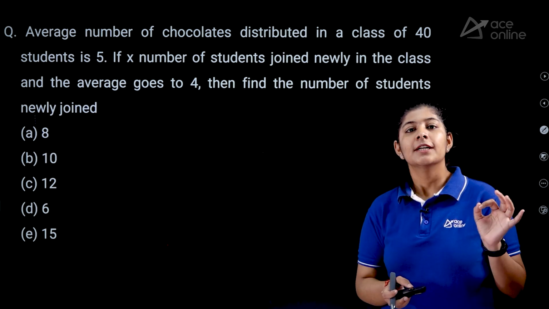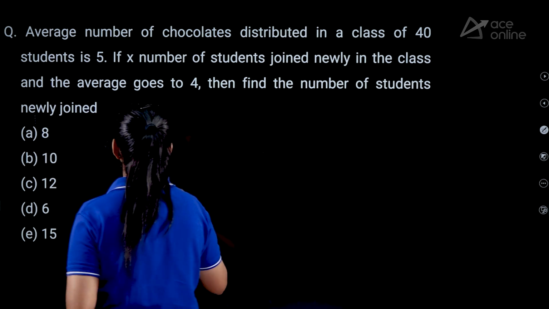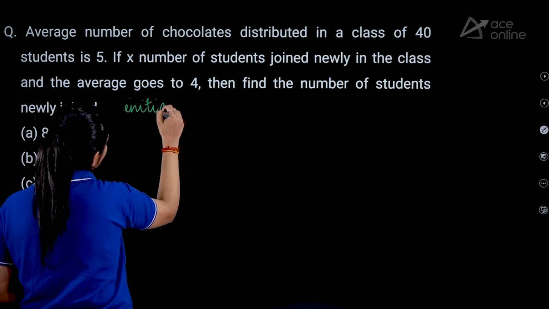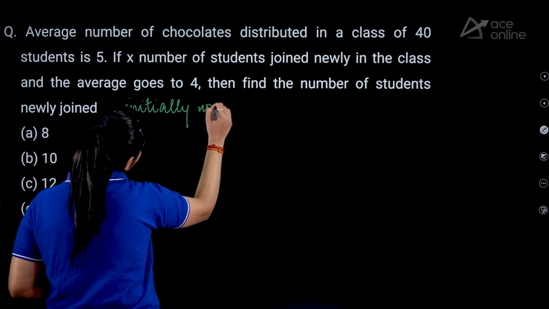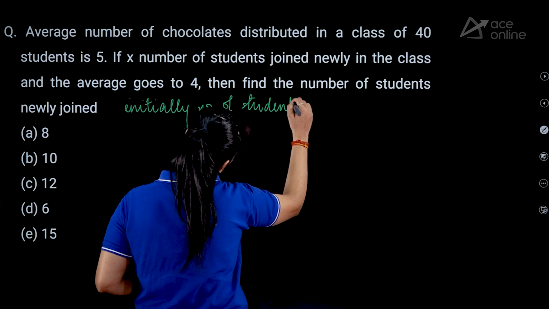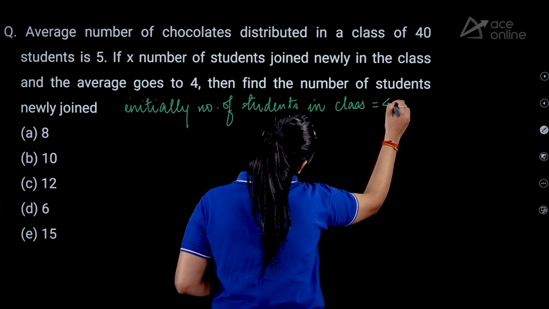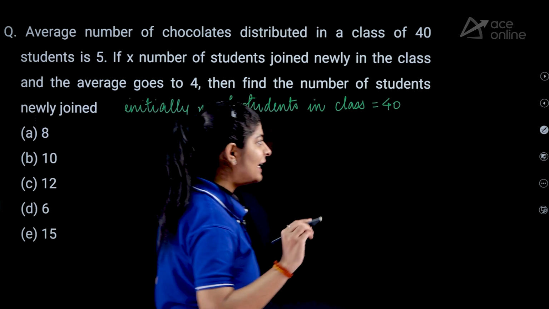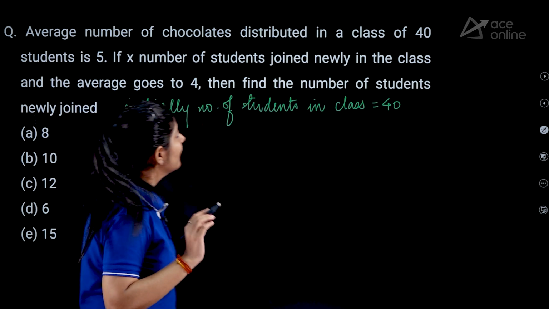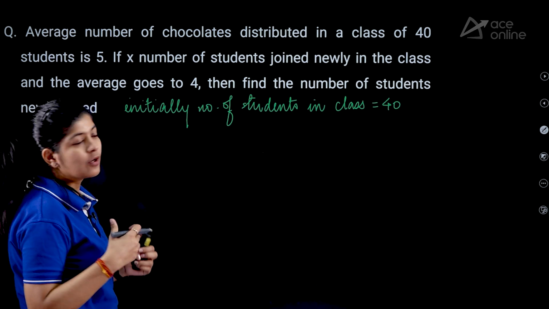The question says that the number of students in the class initially is equal to 40, and every student is getting 5 chocolates because this is the average.